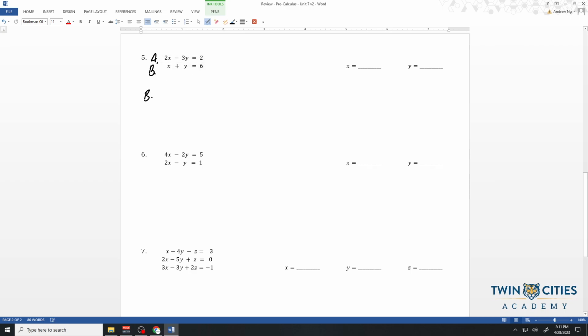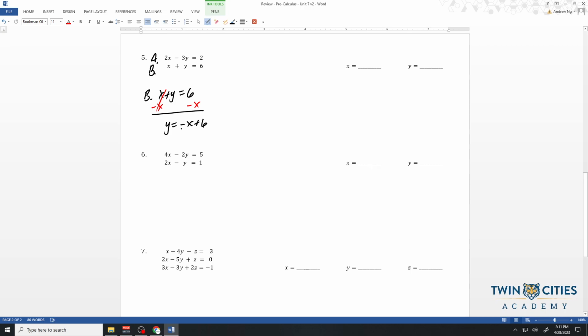So let's use equation B, x plus y equals 6, and let's solve for y. Let's subtract x from both sides. So I'll get y is equal to negative x plus 6.